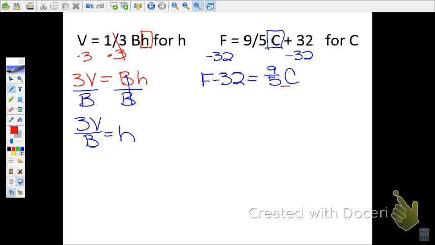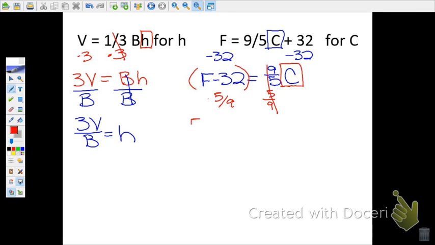I want that C by itself. Okay, so I'm going to multiply both sides by the reciprocal, 5/9. Need to really be careful here, because this whole left side, F minus 32, has to be multiplied by 5/9.